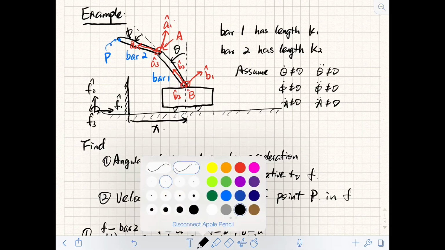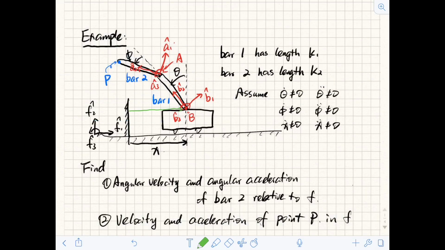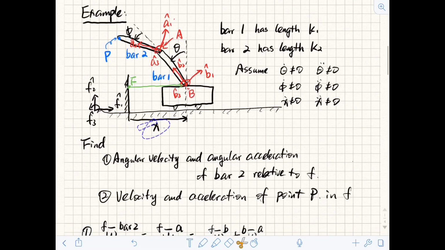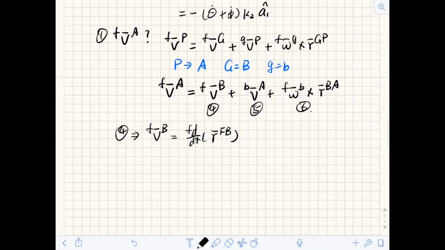And if we were to fix an inertial frame, we can define this point as F, so that we can use just the length x to express the position vectors. So the position vector is x in the F1 direction. And now we know the velocity of point B in F is x dot F1.